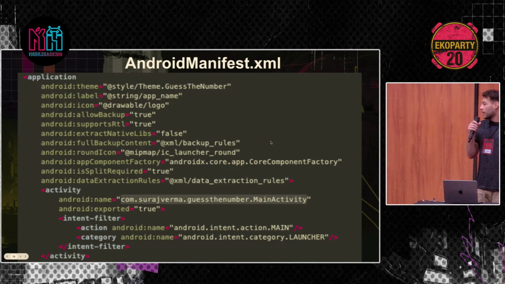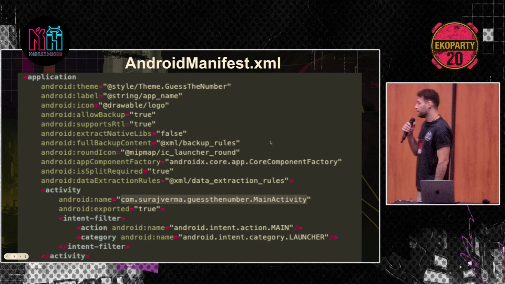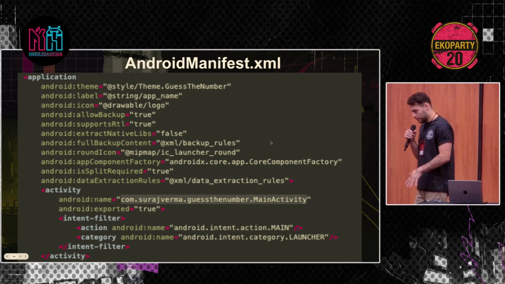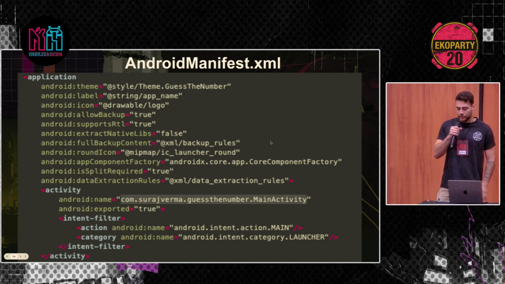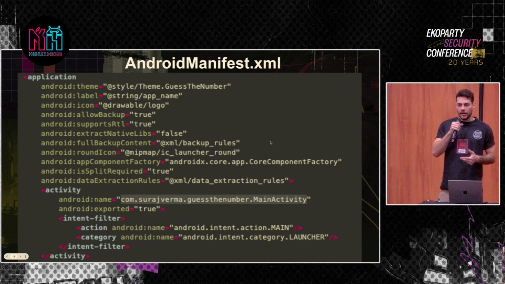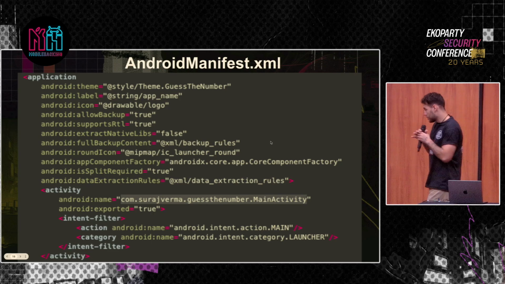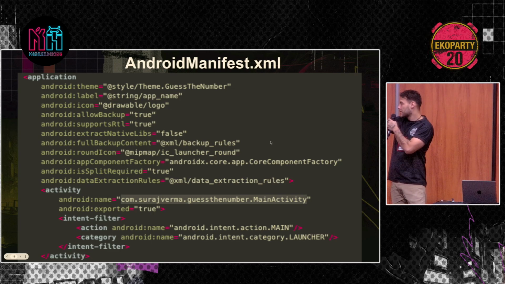First of all, the entry point for any Android application is the Android manifest file. This manifest file will tell you a lot about the application, what it is doing, which activities are exported, services, broadcast receivers, and so on. Right here in this example, I'm showing you the Guess the Number main activity, which has exported equals true.